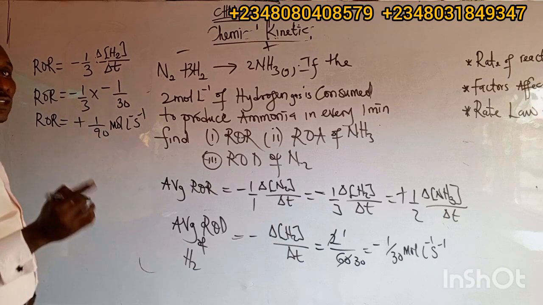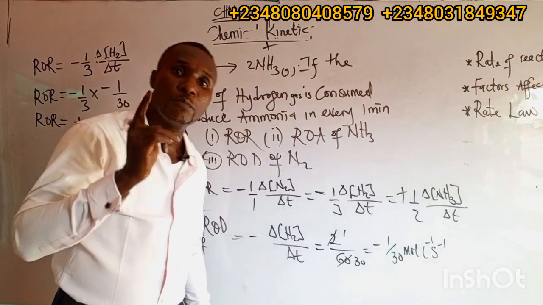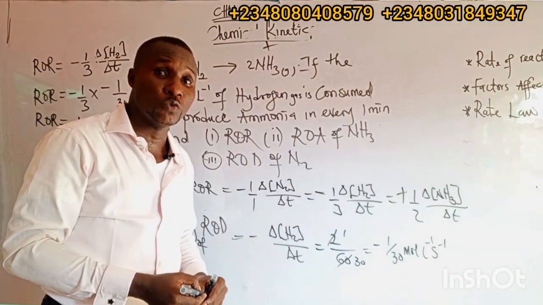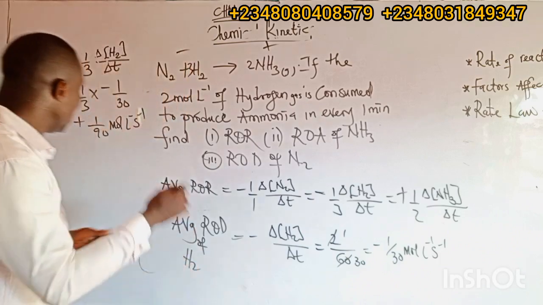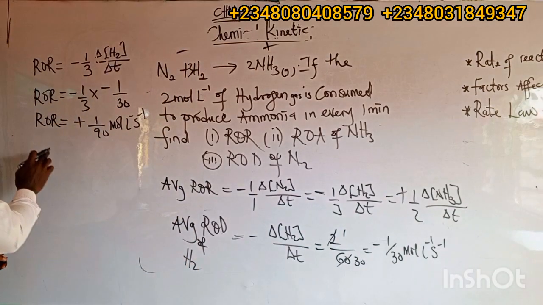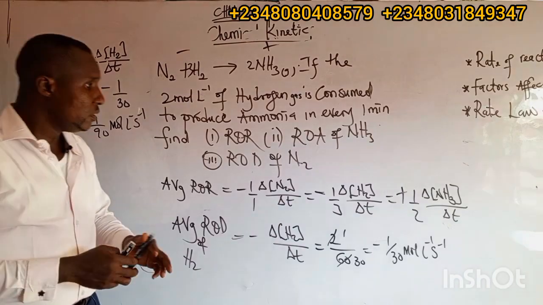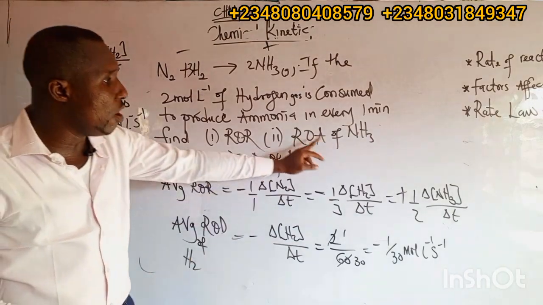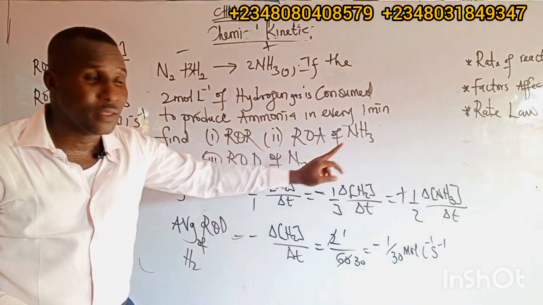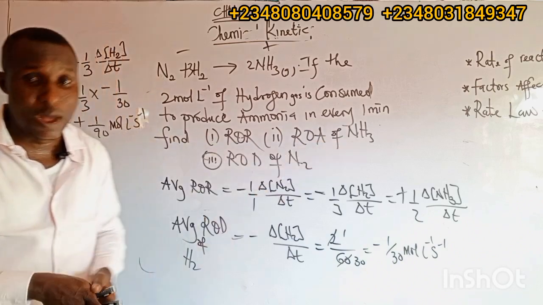And I told you, rate of reaction is always what? Positive. It's always positive. Take note of that. This is the rate of reaction. Then the second question, they say find the rate of appearance of what? Ammonia. Rate of appearance of ammonia.